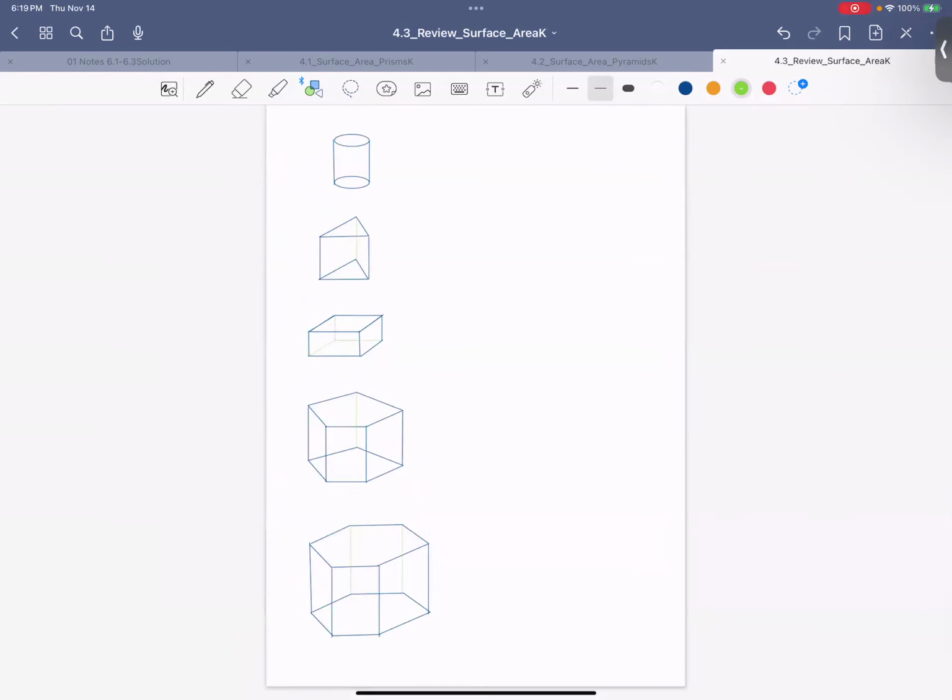Who finished these six shapes already? After you finish these six shapes, you will do something like this.